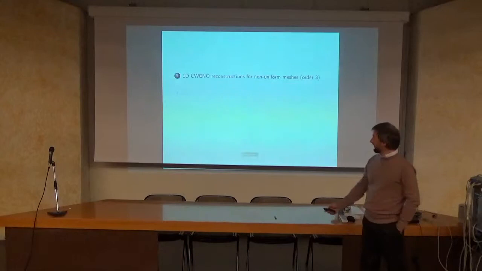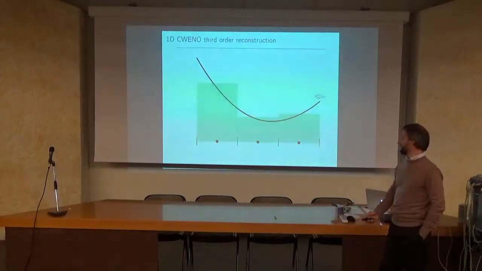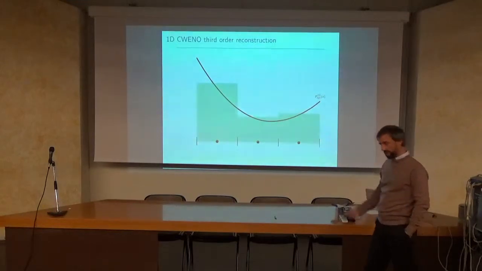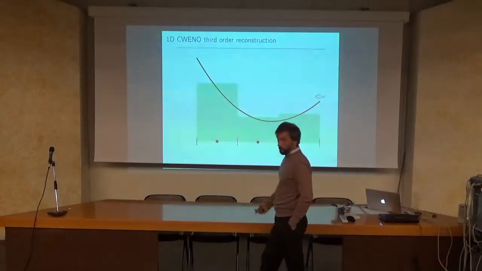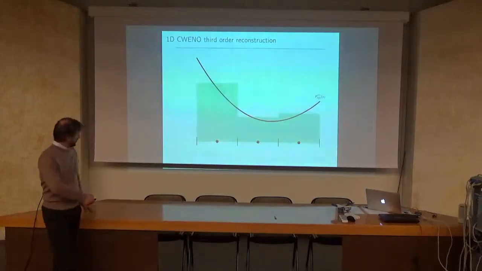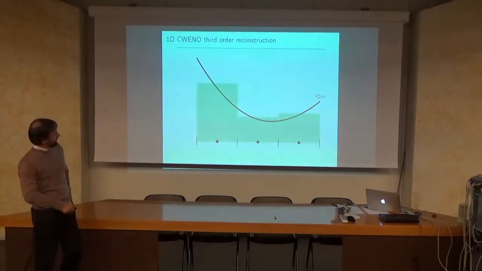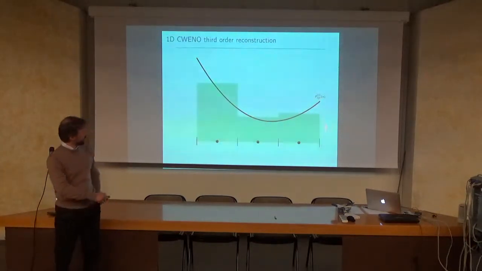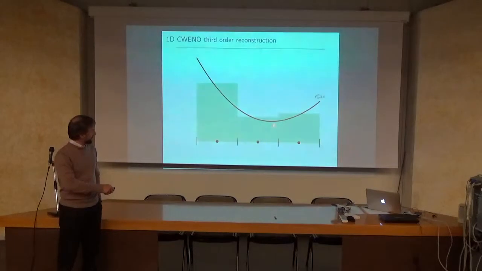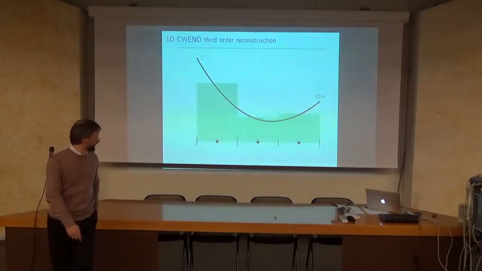in one space dimension, if you think at third order, the first thing that comes to your mind is CWENO3. Now, if you're sitting in this middle cell and we want to make a reconstruction, we could take this second order polynomial, which I call P2 optimal, which has exactly the cell averages depicted in green.